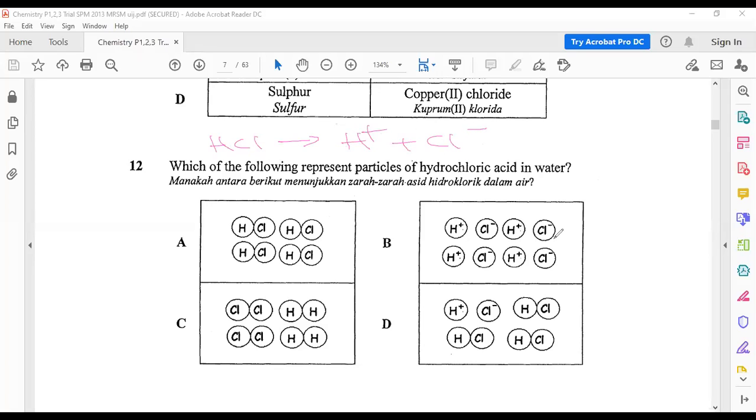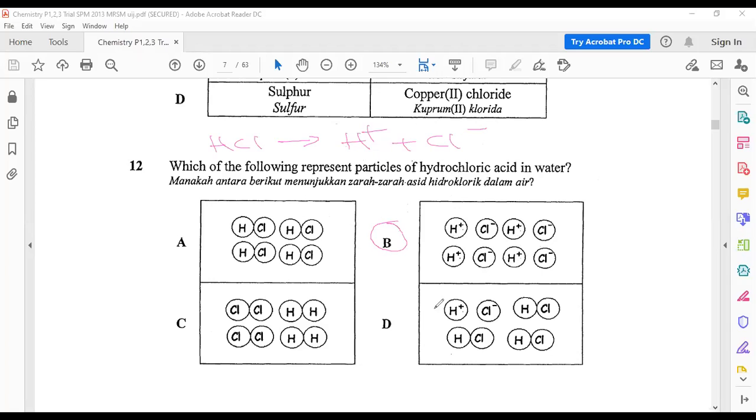So which diagram represents this? For number 12, your answer should be B. Okay, change your answer, please.